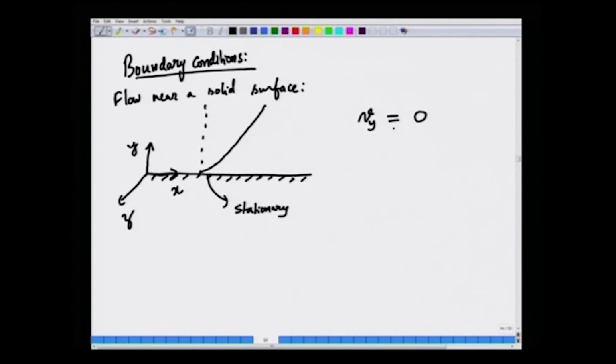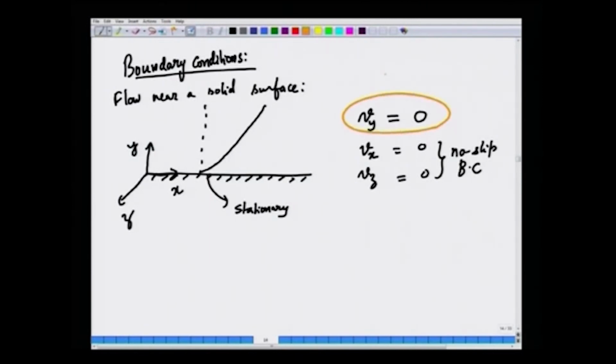But it also turns out that whenever a fluid flows past a solid surface, the tangential components of the velocity, V x and V z, are also 0. This is called the no slip boundary condition. Boundary conditions are often abbreviated with the letters BC. Whereas, the other condition is more fundamental in the sense that it merely tells you that if the wall is impermeable to the fluid, then you cannot have flow into the wall.